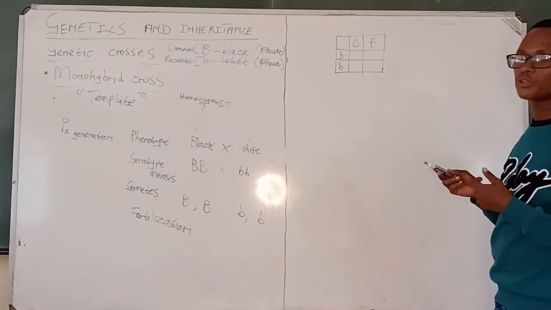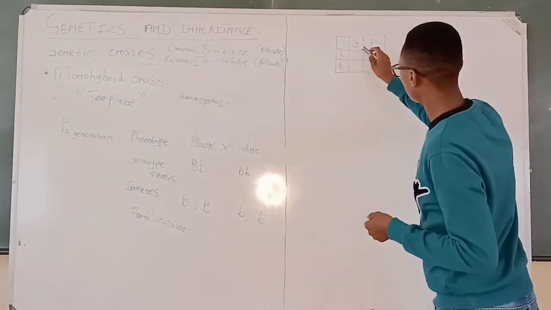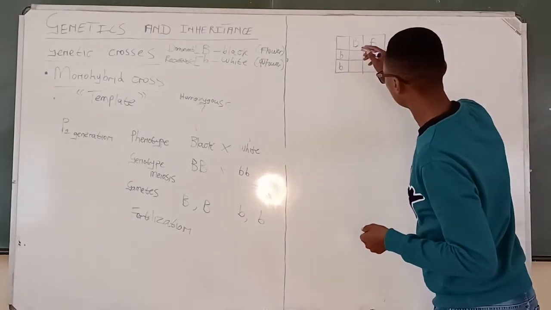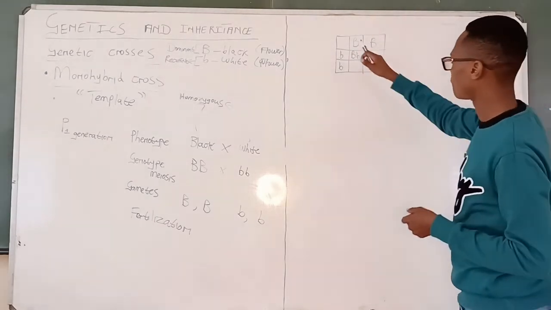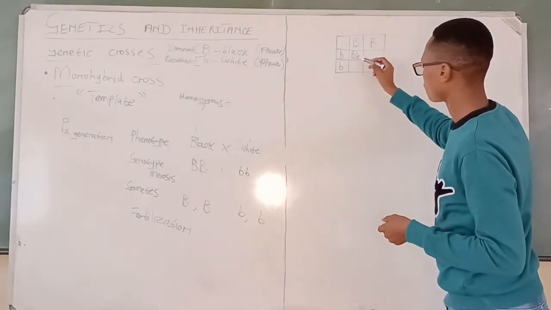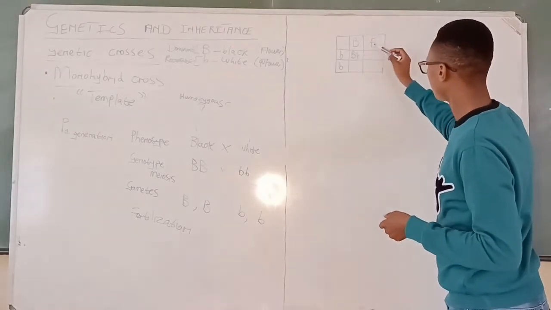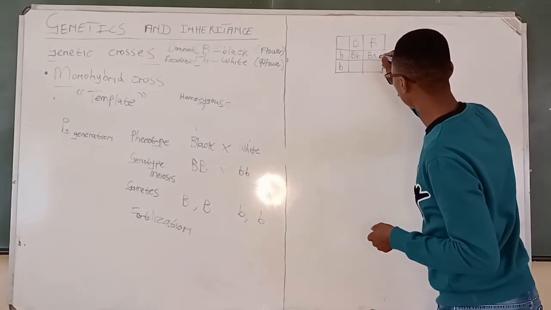After that, I'm going to show how these gametes fuse together. This one multiplied by this one is going to be Bb. It's very important to always start with the capital letter B. So this one combined with this one forms Bb. This one multiplied by this one is going to be Bb again.